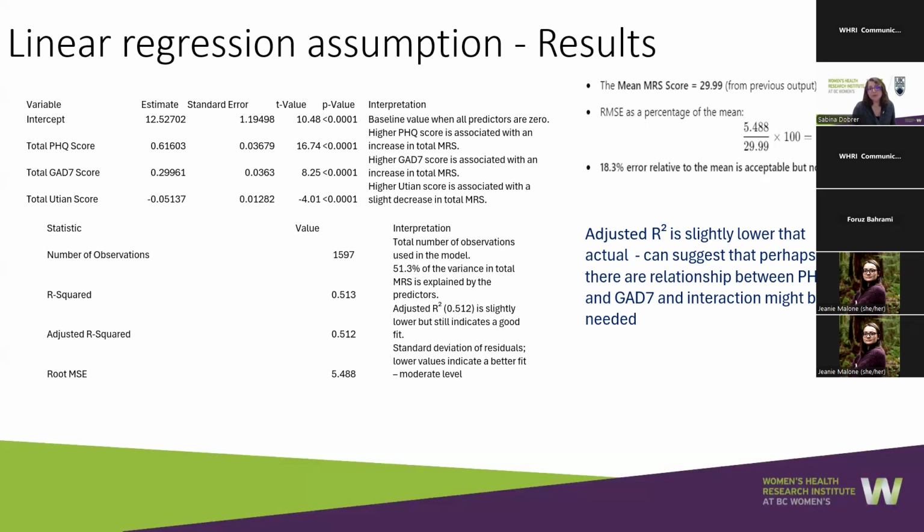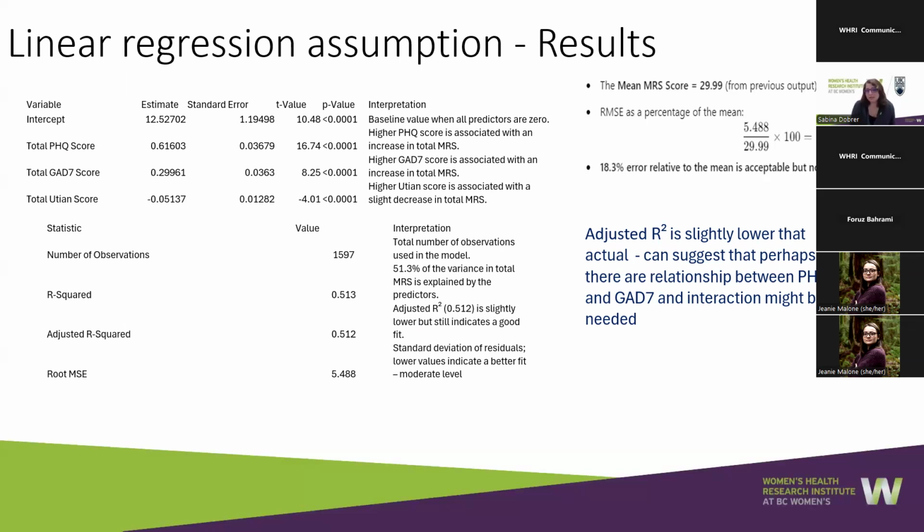We can calculate the percentage error relative to the mean by dividing our root MSE by the previous mean MRS score, which was 29.99. You can look at the previous slides. It says that root MSE as a percentage of the mean was 18.3%. So statistically, an 18.3% error relative to the mean is acceptable, but not great. We would expect a lower percentage.